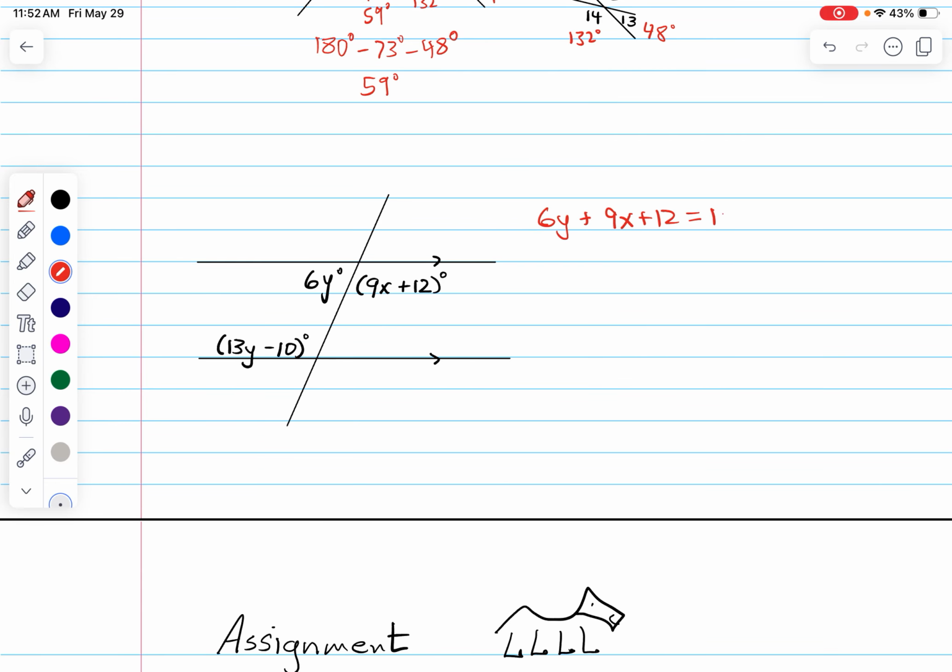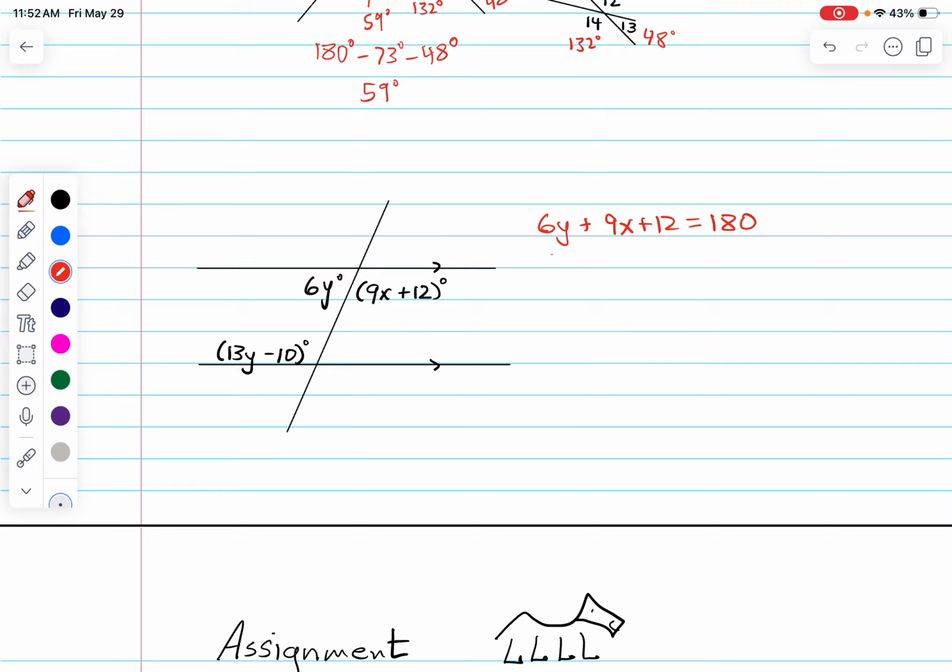I know that equals 180, because those are supplementary. And also I know that alternate interior angles are congruent. So I've got 9X plus 12 equals 13Y minus 10. Those are the properties I have.